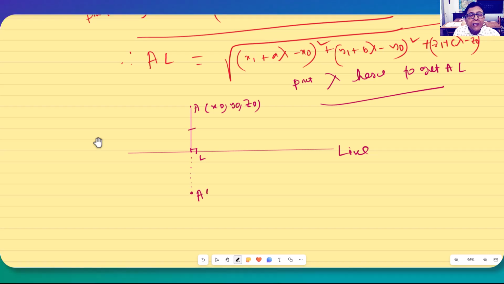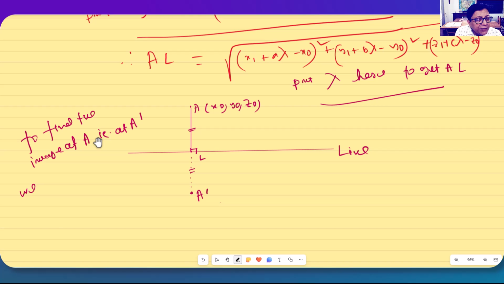I mean, AL must be equal to A dash L. Or we can say that to find the image of A, that is A dash, we take A dash as alpha, beta, gamma.